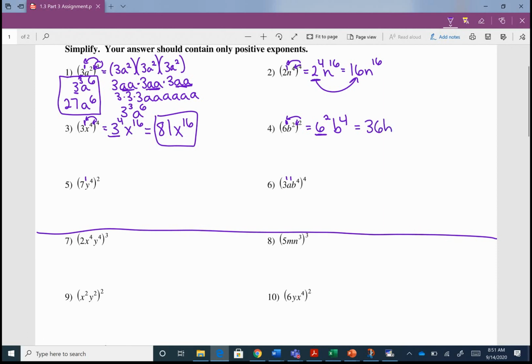And I put the b to the 4th right next to it. I know some of you, when you first started these, you were trying to expand everything out, which you can, but man, those shortcuts are so much quicker. All right, number 5. Again, on the 7, we've got a little 1. So 2 times 1 is 2. 4 times 2 is 8. 7 to the 2nd power is 49.